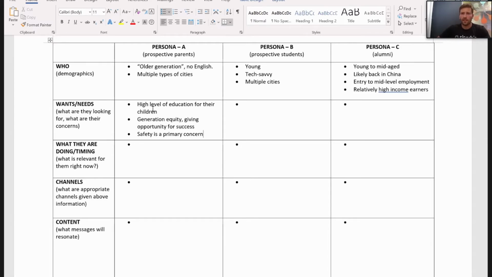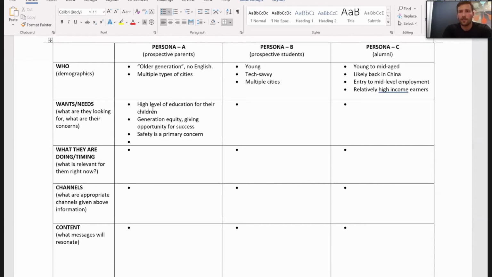I suppose another concern here would be around performance. It's a huge investment coming from the parents here to be sending their children to an overseas education. They're going to want return on an investment. So they're looking for performance metrics. They're looking for rankings for universities.